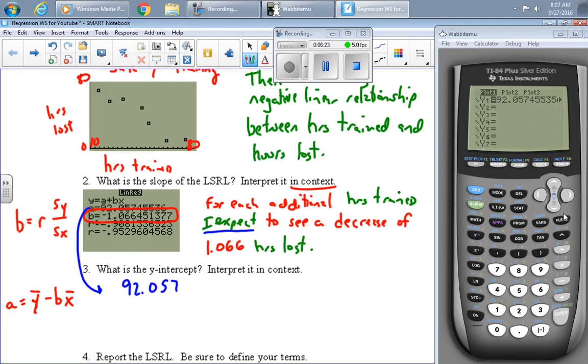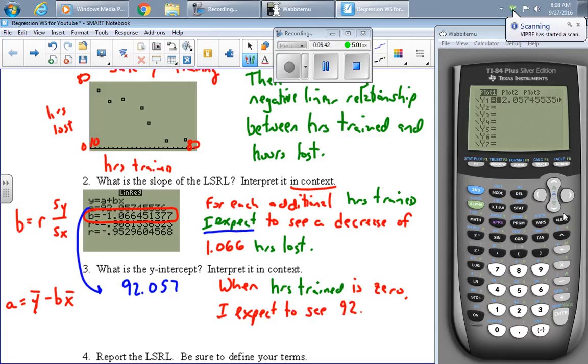So again, when x, hours trained, is 0, I expect to see 92.057 hours lost. And you could change the grammar on that a little bit to make it say something like, if we don't do any training at all, we would expect to see about 92 hours lost. And a little rounding in there is fine, as long as I have all the data still saved with all of its digits somewhere else.